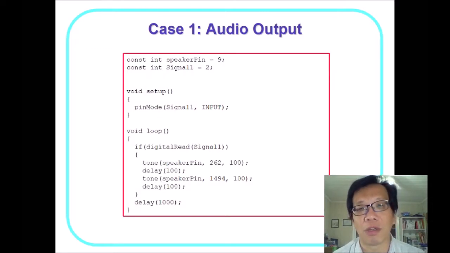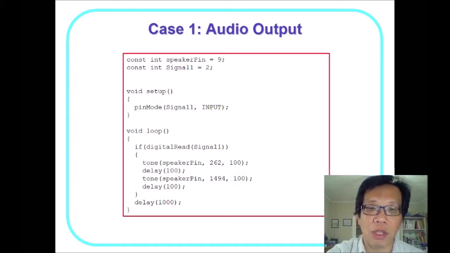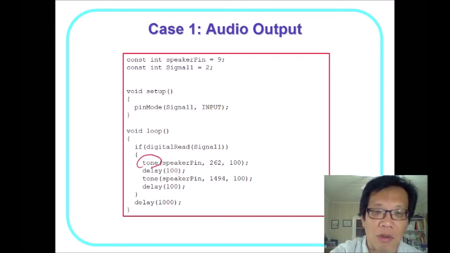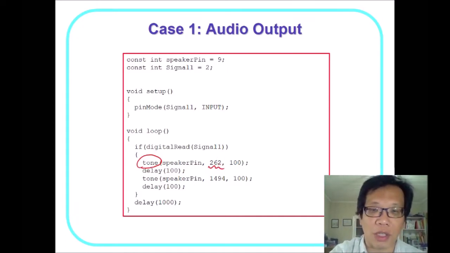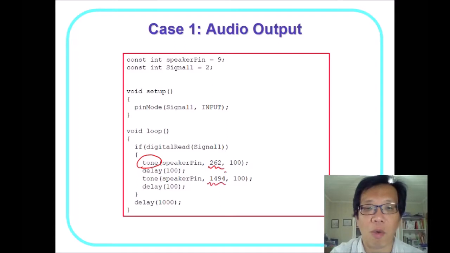This is a very typical code for a speaker, and when we are doing this, we use a very specific command, tone. You can see it over here, and this one changes the frequency. This one over here is 262 hertz, and this one over here is 1494 hertz.